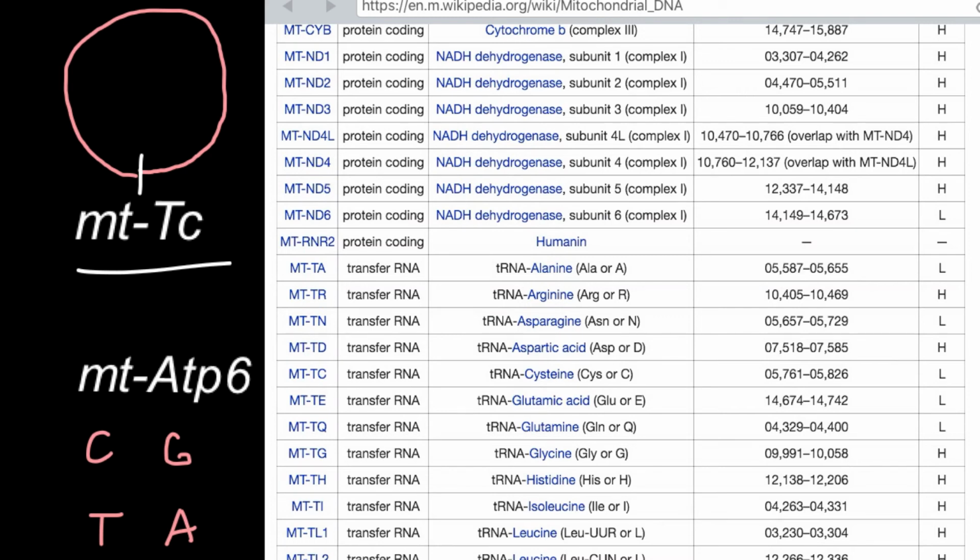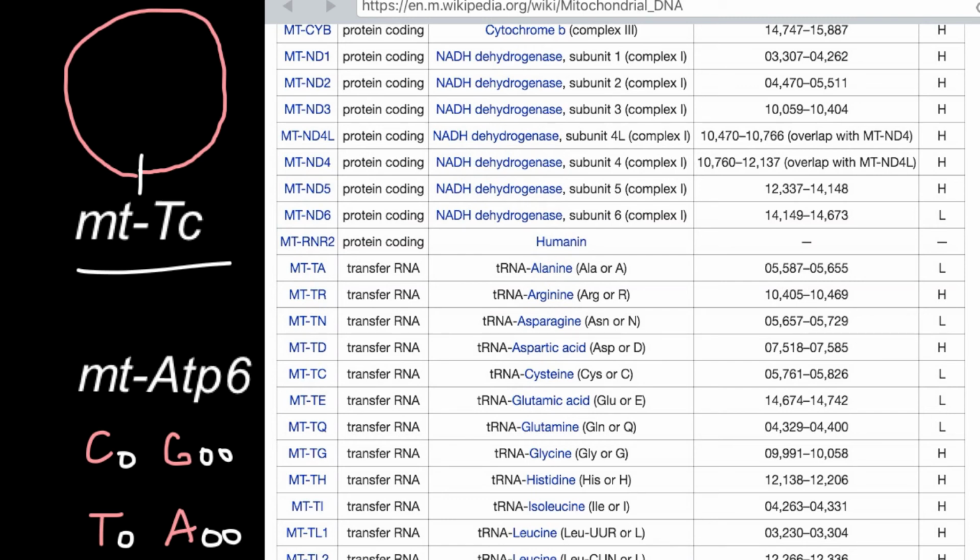Cytosine has a 1 ring base, thymine also has a 1 ring base, but guanine has 2 rings and adenine also has 2 rings. So these bases would be heavier than these bases.